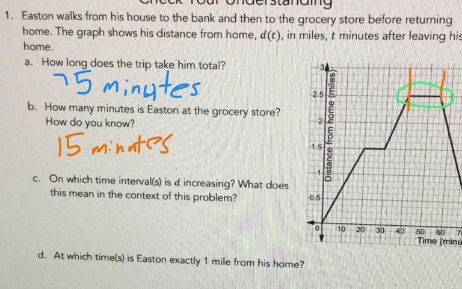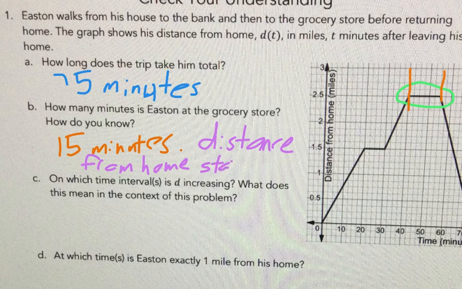And it says, how did you know? Kind of explain how you knew that was a stop. Movement is constant. Right, his distance from home stays the same.